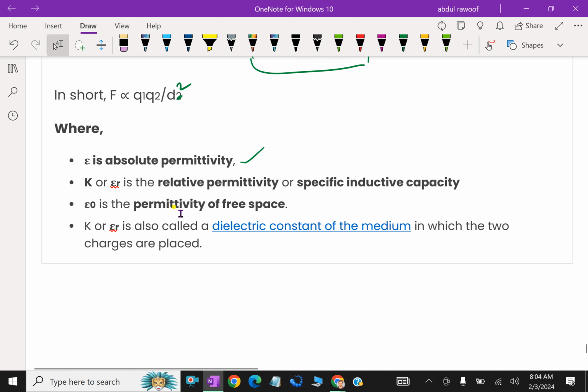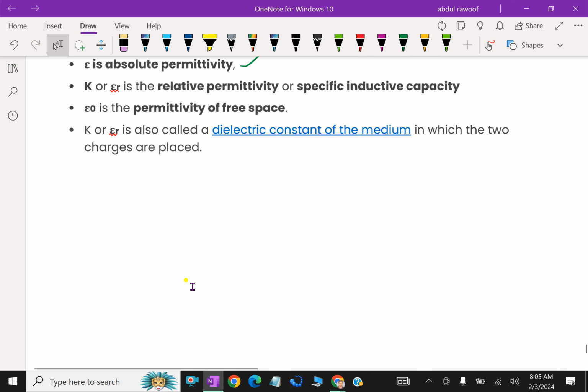Epsilon 0 is the permittivity of free space. K or epsilon r is also called the dielectric constant of the medium in which the two charges are placed. Now we will discuss what is absolute and relative permeability of a medium.